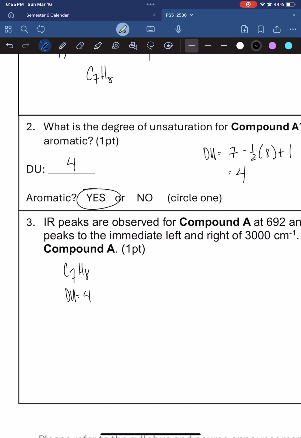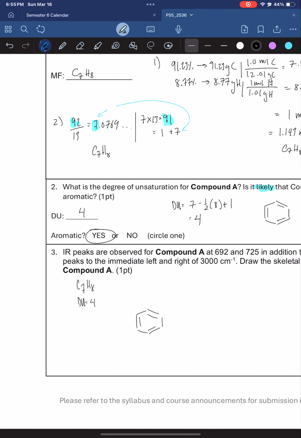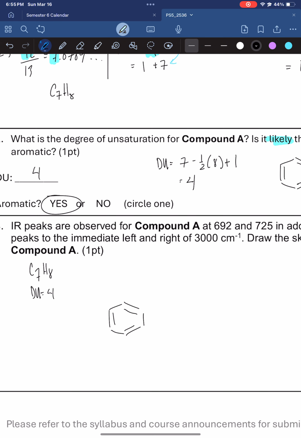So we can already check off that there's probably going to be a benzene somewhere in here. If we have a benzene structure, that already checks off 6 of our carbons and 6 of our hydrogens. But remember that there's going to be another carbon not accounted for, and the most logical way to go about this is to add a methyl group here.